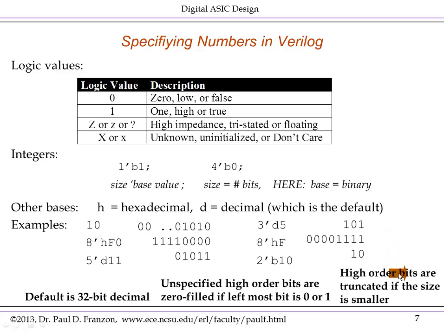I didn't illustrate the example on the bottom right here. For example, if this example here was 2'd5, what would be the number that's specified? It'd be just 01. The third bit that's above the size would be truncated.